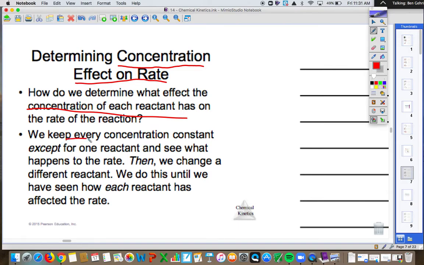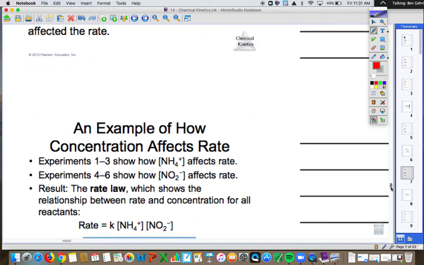If you keep every concentration constant, except for one, you can see how your reaction proceeds. You can measure concentrations throughout and get your reaction rate. Then you'll run it again, and you'll change a different reactant, and so on and so forth, until you've done it with each reactant and you can see how each one affects the rate of reaction.